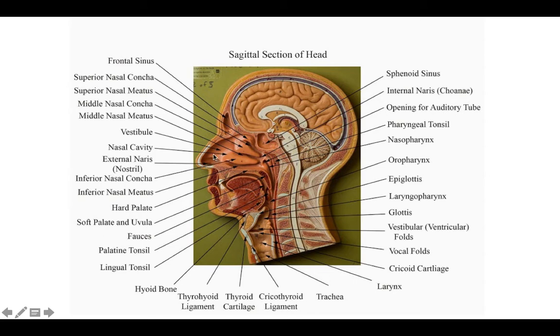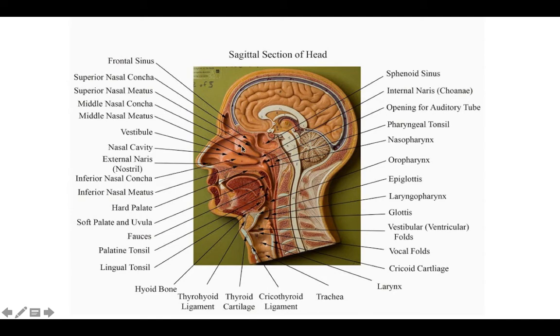And then this big opening here is going to be called the vestibule. The external nares open into this big open area, the vestibule. And so air will come into the vestibule and is going to be forced through these narrow passageways. If you can look, you have what's called the nasal conchae. The nasal conchae are these bony folded structures that create these narrow pathways that we call the meatus.